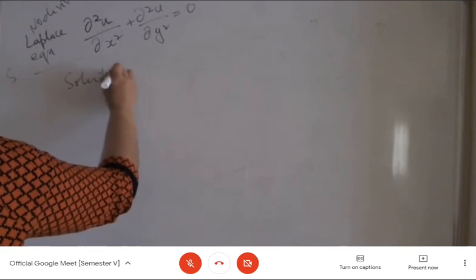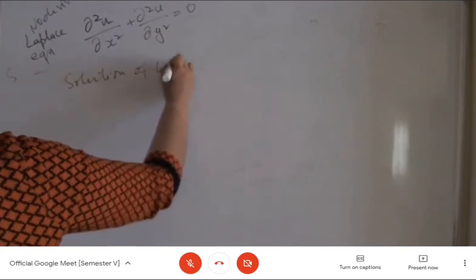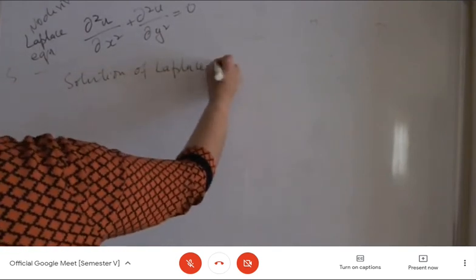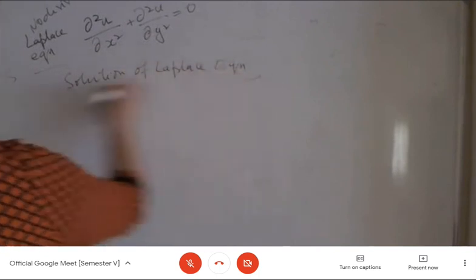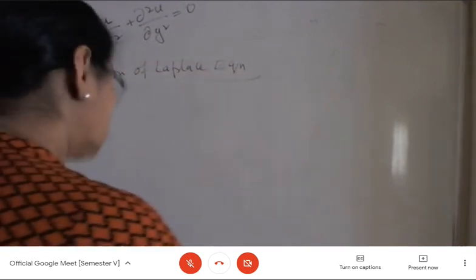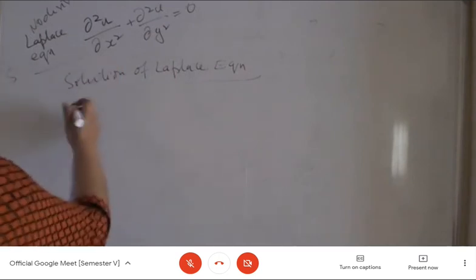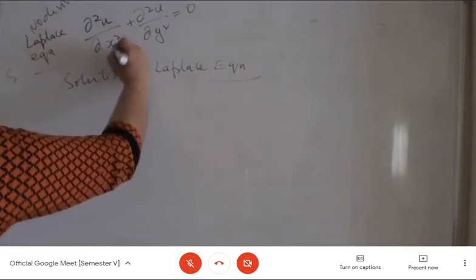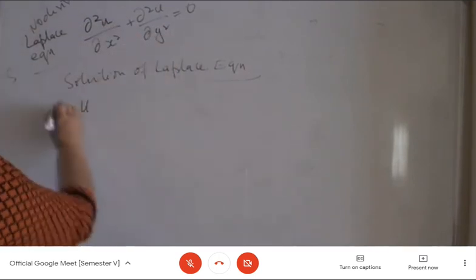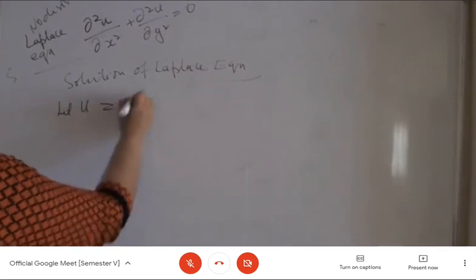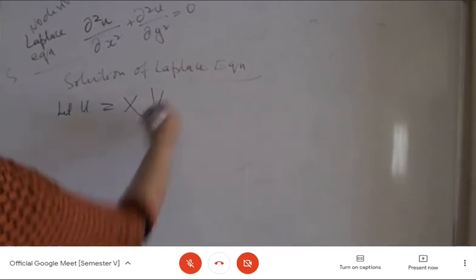Solution of Laplace equation. The same procedure we are using for this one also. Look at this one. u is a function of x and y, so you can write let u = XY.